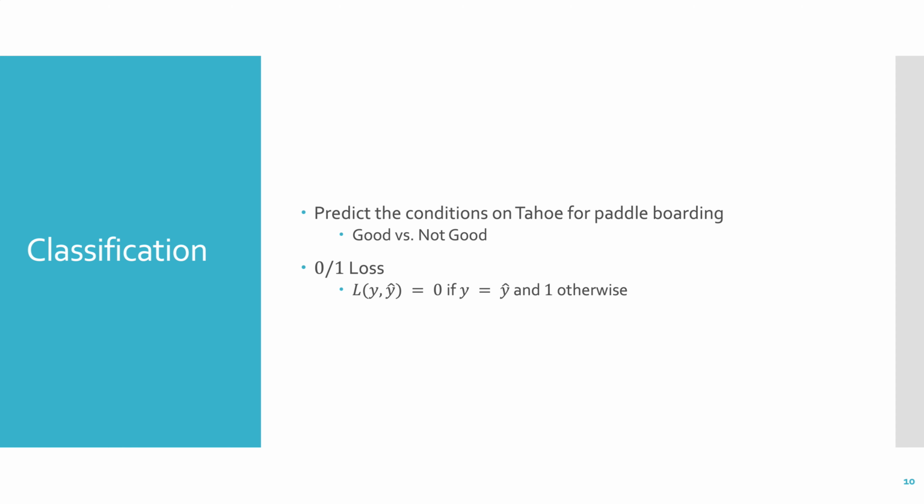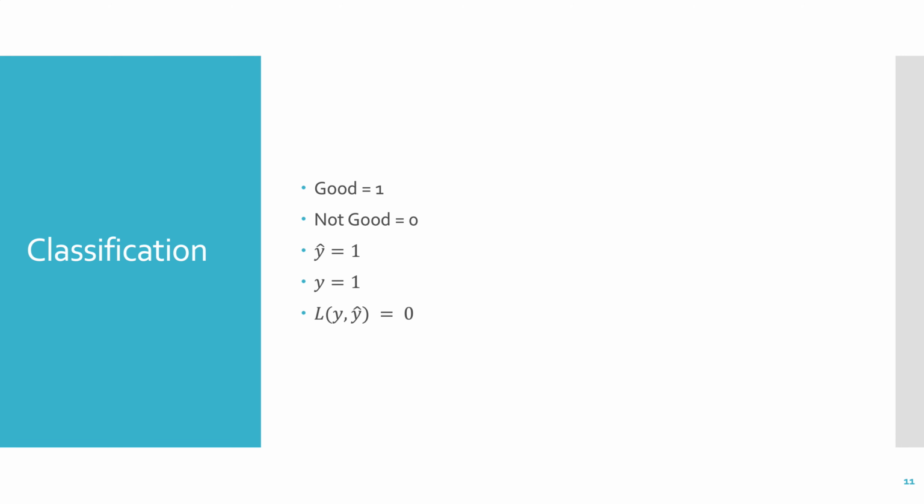Let's try a classification example. If we're trying to predict if the conditions on Tahoe are good for paddleboarding, we might have two classes, good and not good. In this case, we might have a loss that looks like this, the 0, 1 loss, where it's 0 if y is equal to y hat and 1 otherwise. Let's look at an example to see how this works.